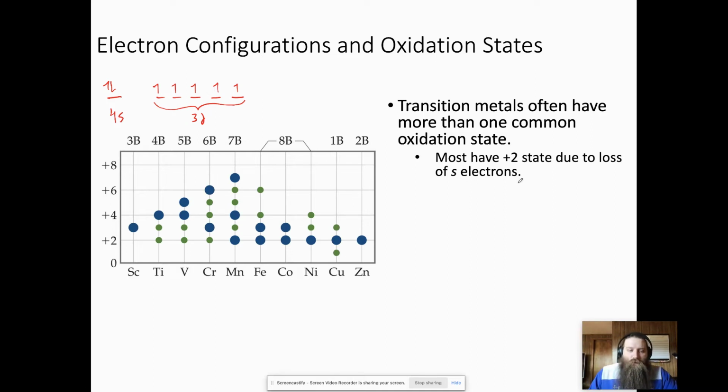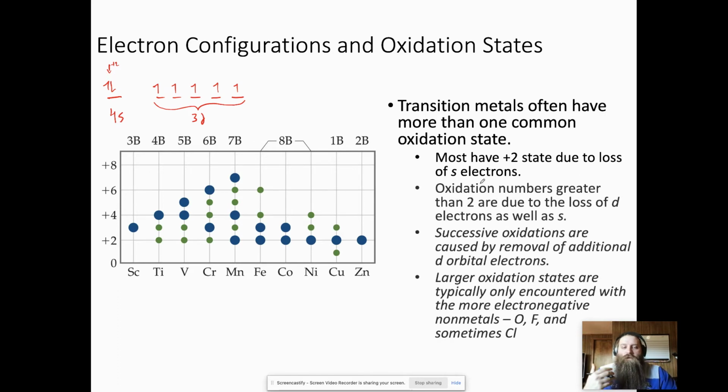Now, most of these guys, with the exception of scandium, can have a +2 oxidation state. And that's because if we lose these two, we end up with a +2 spot. If you want to get oxidation numbers that are greater than +2, you have to start losing D electrons in addition to those S electrons.